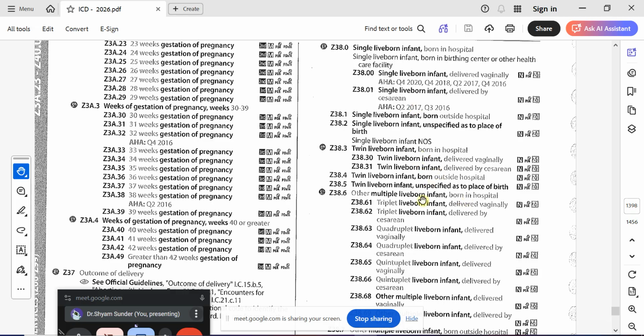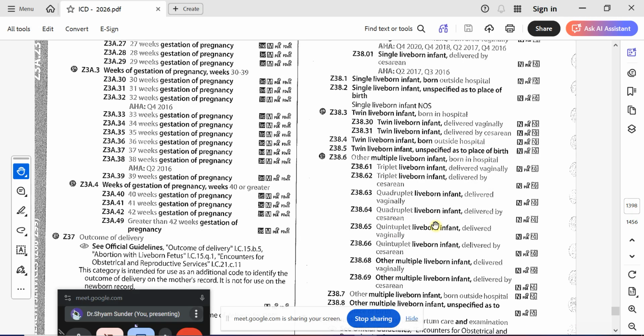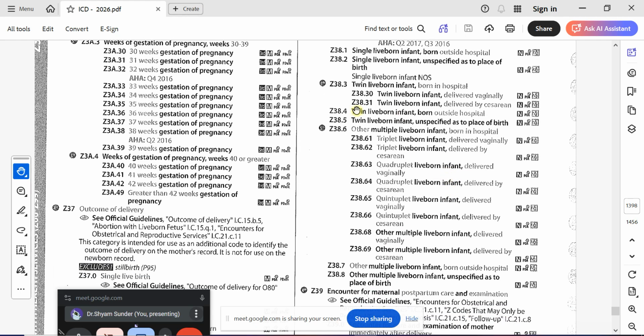And if you go forward, we have similar codes for twins, triplets, quadruplets. So the Z38 series is always the primary code. It must be given only one time, on the first admission. That's important. Any questions about Z38?